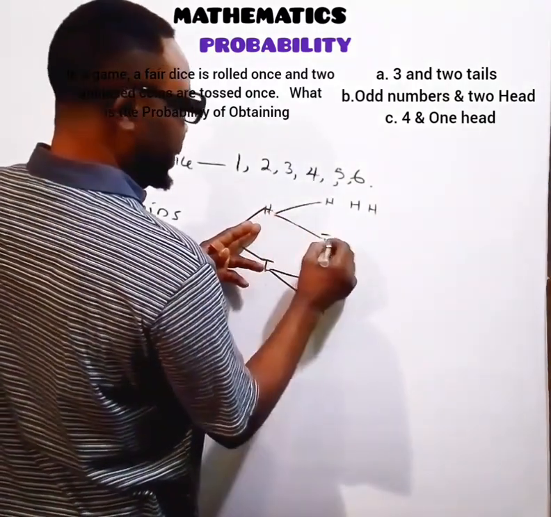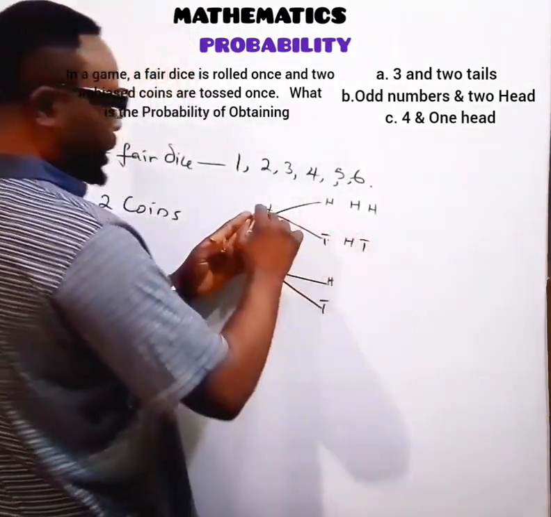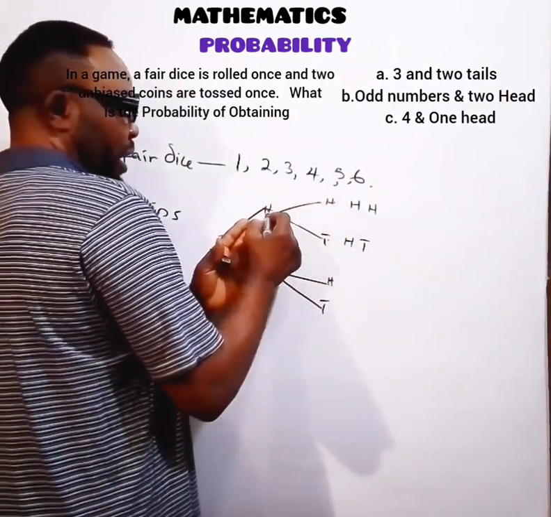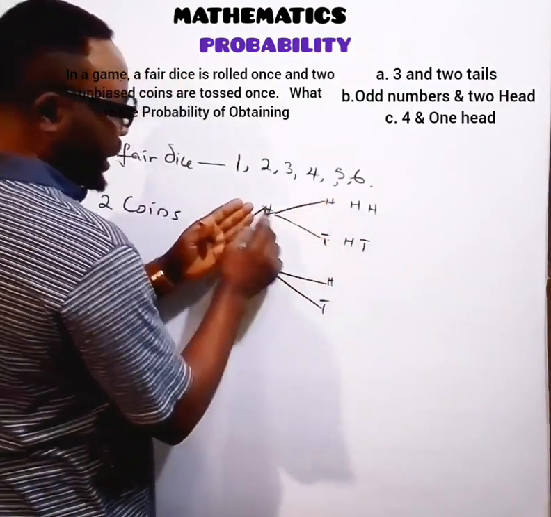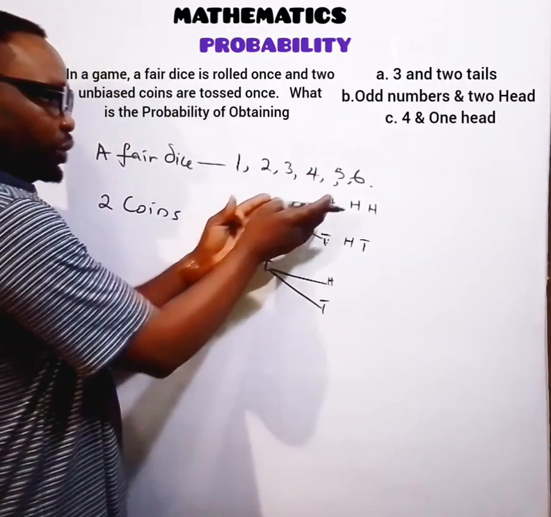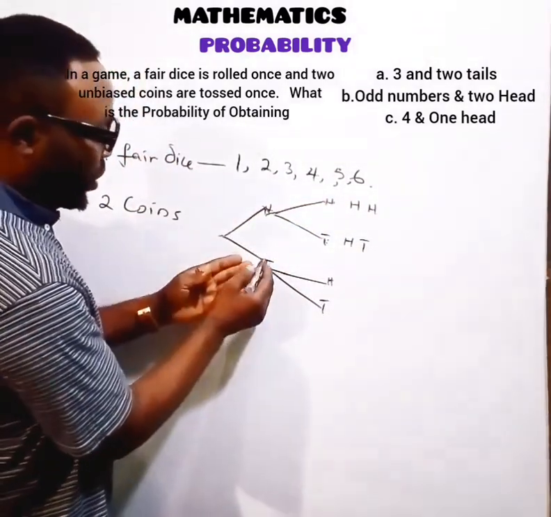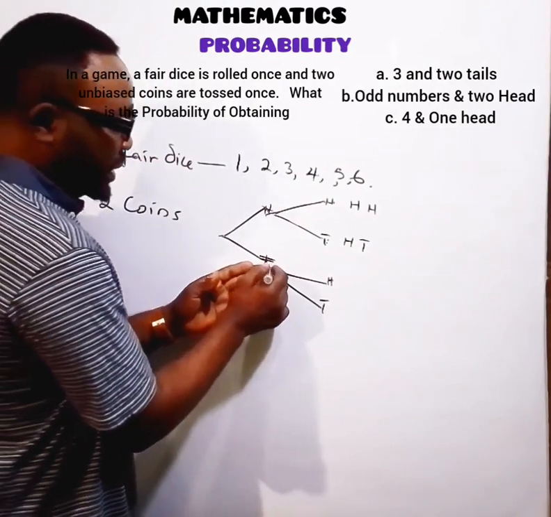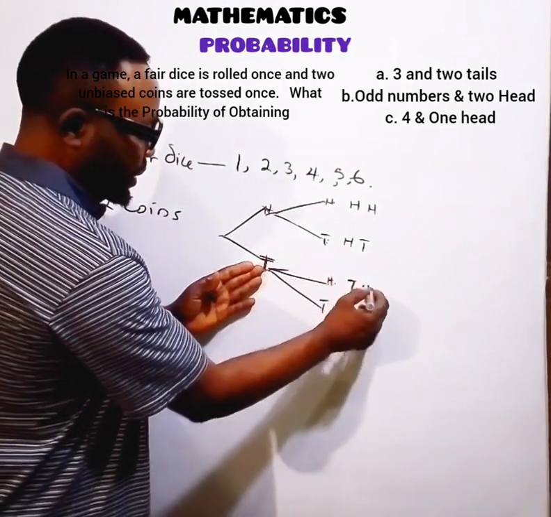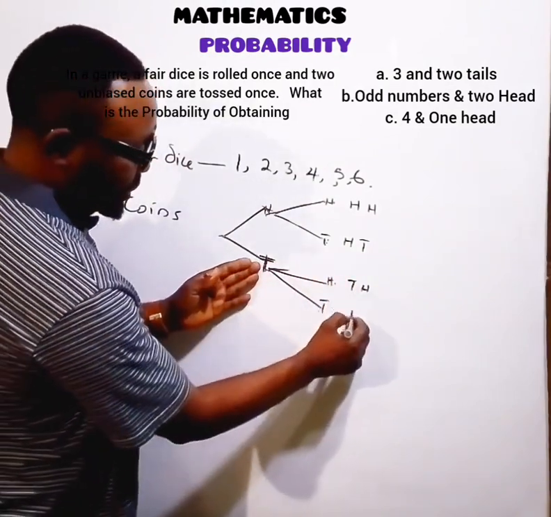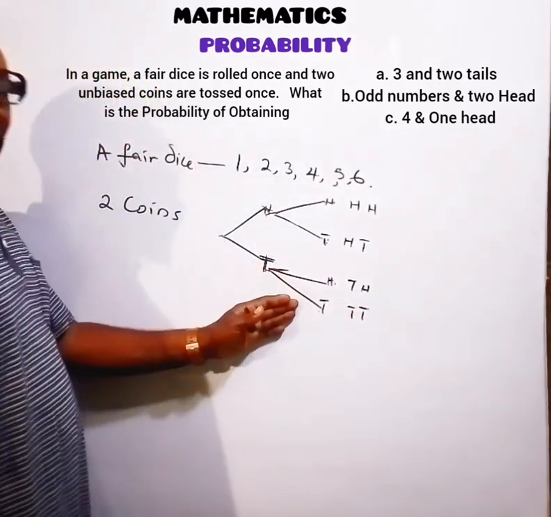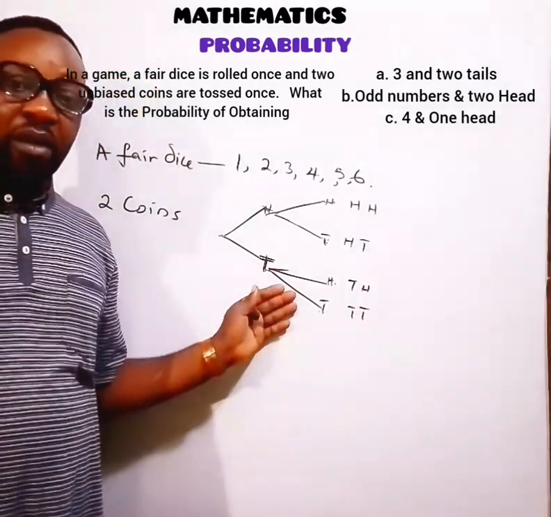Head, head, head, tail. You can see how the line goes. Head, tail. We are through with what is going to happen here for 2 unbiased coins. Then we'll come here. This is tail. This is tail, head, tail, head. This is tail, tail, tail, tail. I think that arrangement is gotten by you.